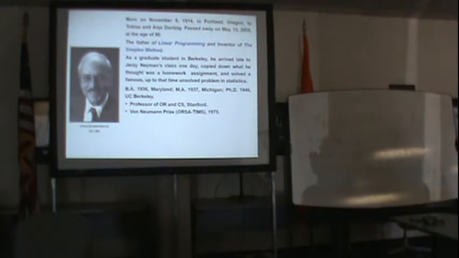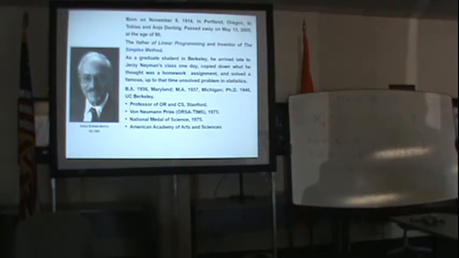It was put together as something we call INFORMS, the Institute for OR and Management Sciences. He was the recipient of the National Medal of Science in 1975. He also was a member of the American Academy of Arts and Sciences. These two are very distinguished, the National Academy of Engineering and the National Academy of Sciences.